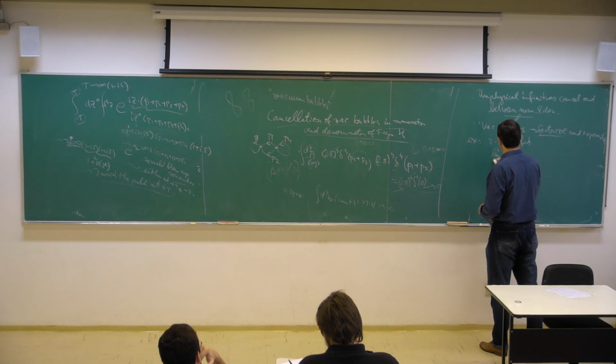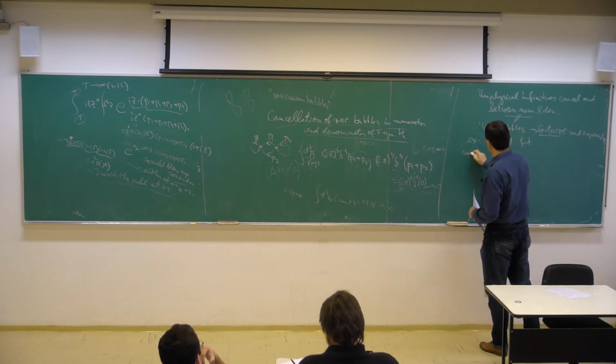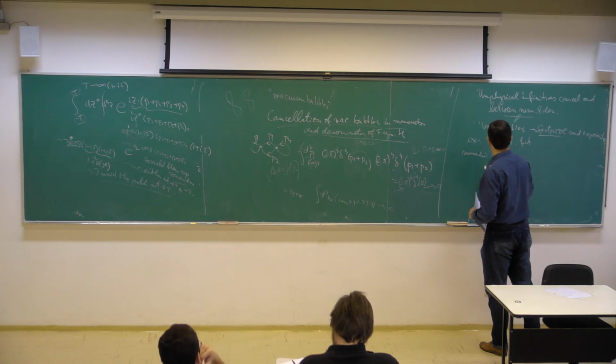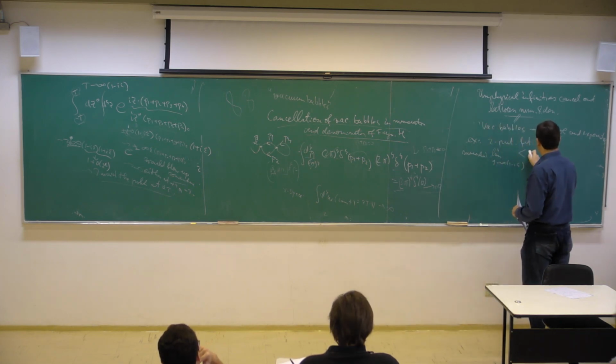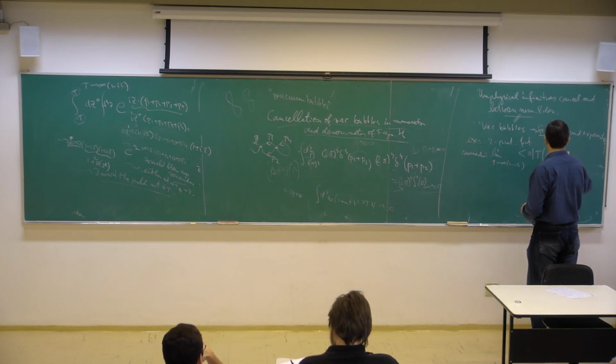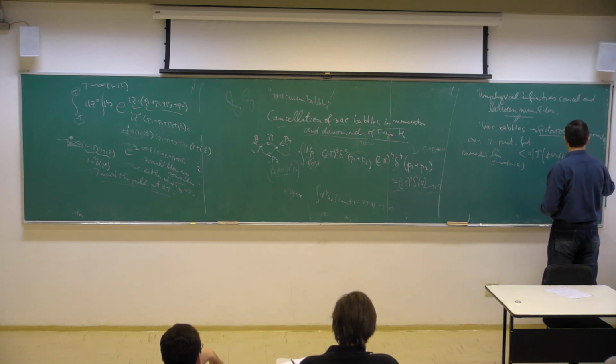In the numerator, we'll have the limit of T, phi of x, phi of y, e to the minus i (1 minus T) H_I t.